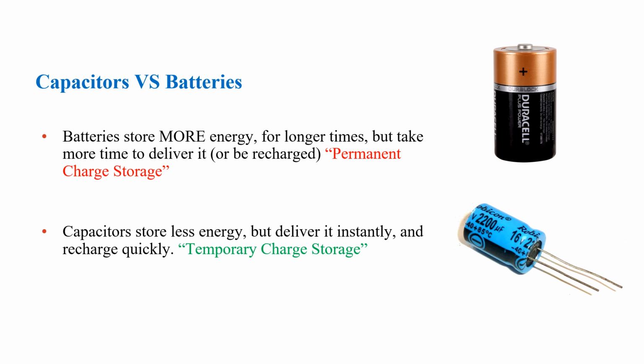And we say that your capacitors are your temporary charge storage. Again, batteries are permanent charge storage. They store more energy, however it takes more time for your battery to deliver energy, whereas capacitors store less energy, but they deliver it instantly and recharge quickly. And capacitors, again, are temporary charge storage.